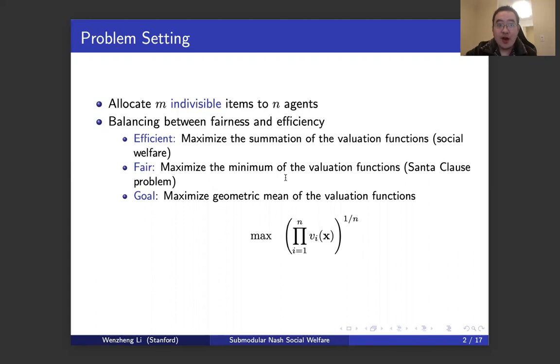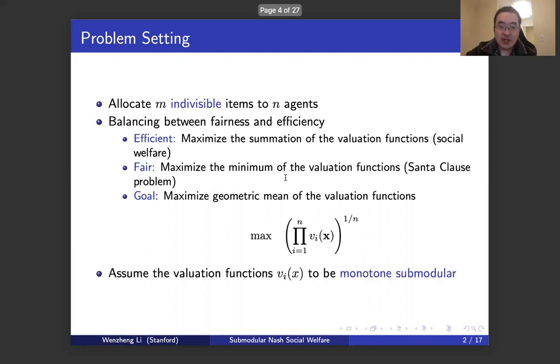Of course, we cannot hope to solve this problem for arbitrary functions. So in this talk, we will assume, as in the title, that the valuations are monotone submodular. We will see later that in some sense, this is the largest natural class for which we can hope to get a good solution, actually a constant approximation.